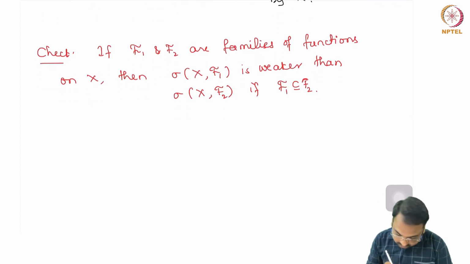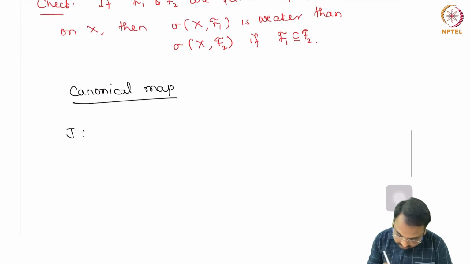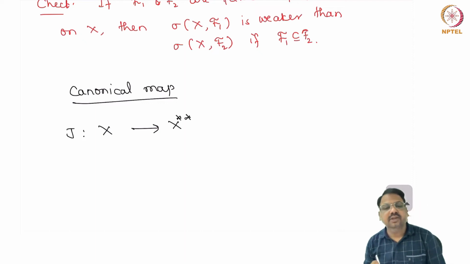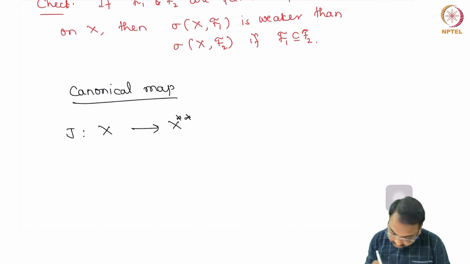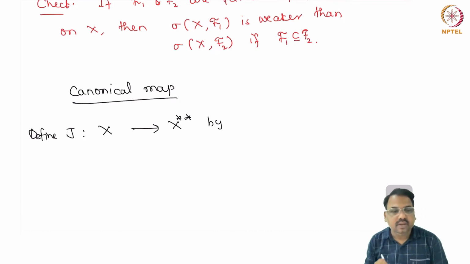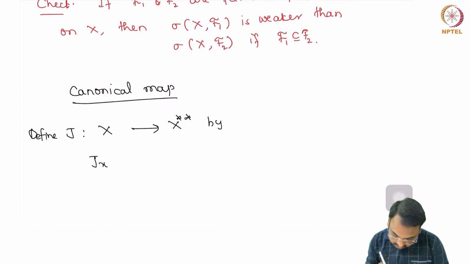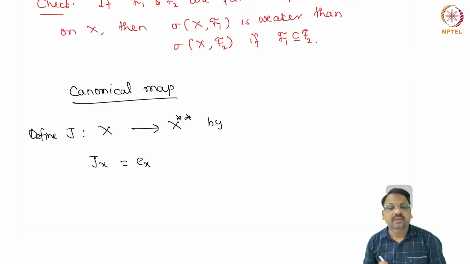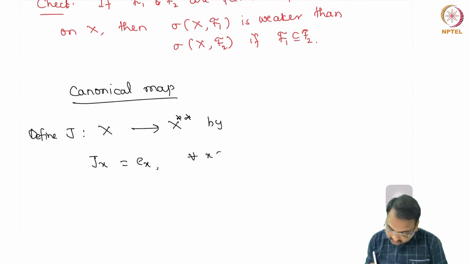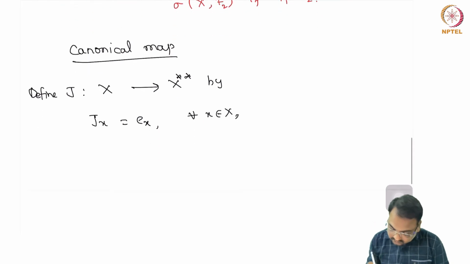So let us look at the canonical map J from X to X double star. Here X is a normed linear space and X double star is the double dual of X. So define J by Jx is Ex for every x in X, where Ex is the evaluation map.